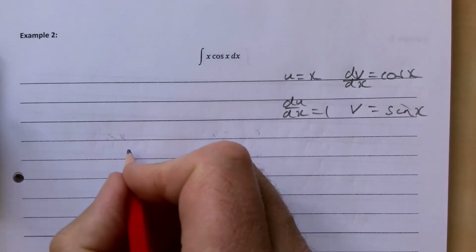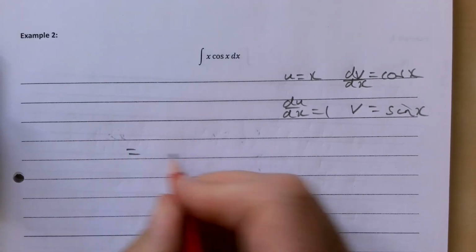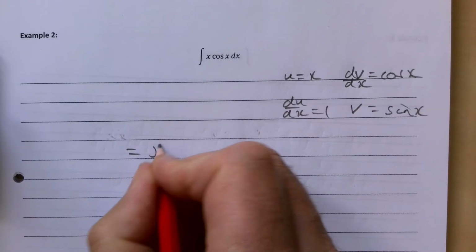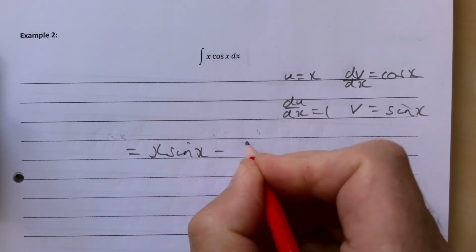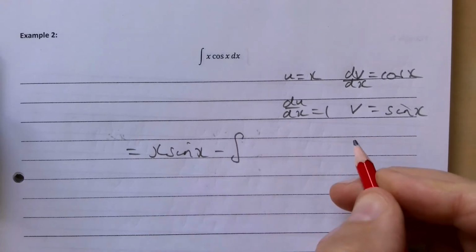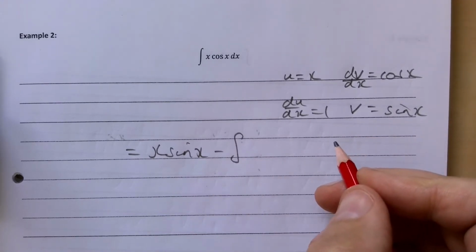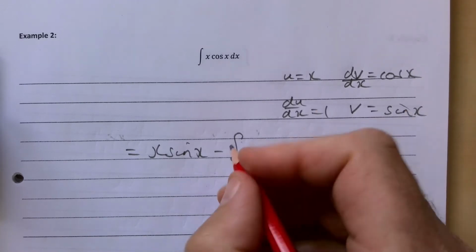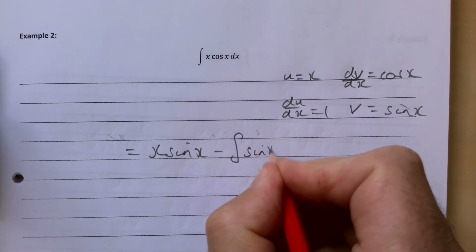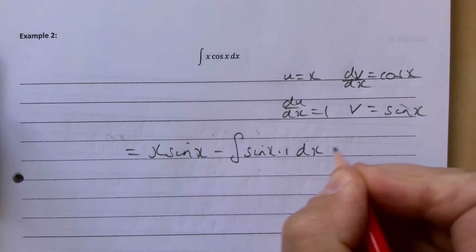Subbing it into our formula, uv is x sine x, take away the integral of v du by dx, so it's sine x times by 1 dx.